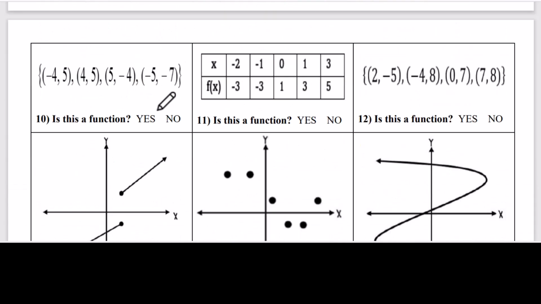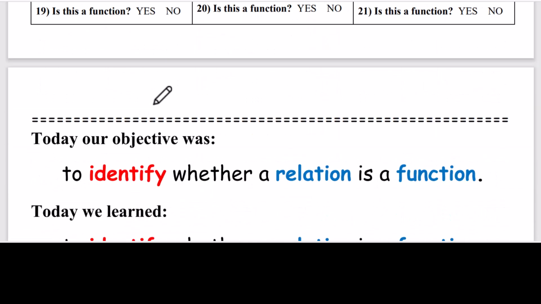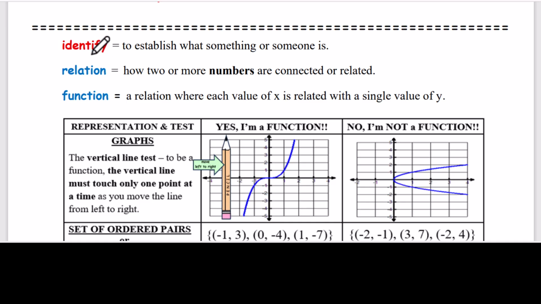Now, before I finish the video, let me just summarize by saying that today, our objective was to identify whether a relation is a function. In other words, today we learned to identify whether a relation is a function. What are some of the keywords we learned?